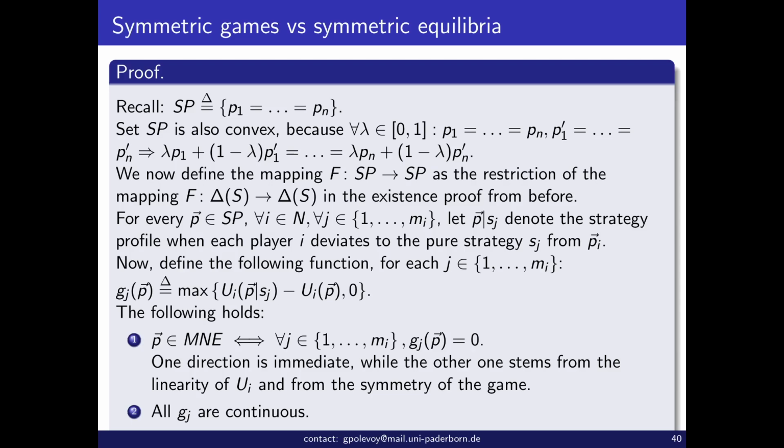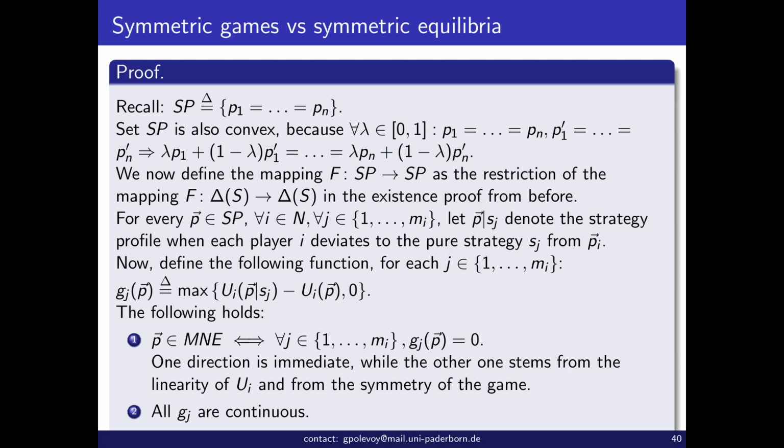Now define the following function for each J in the numbering of the strategies. And of course, the numbering is the same for all the players because we assume that strategy sets are the same. The GJ is the maximum addition to the utility because of this deviation to SJ of every player, and 0.